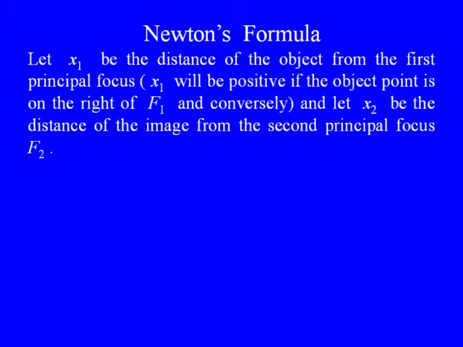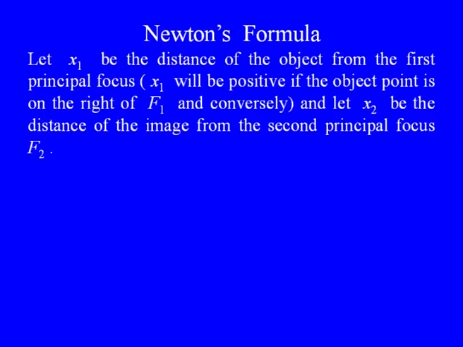Newton's formula. You see, this is another relation which is used to relate the object and image distances with the focal length of the lens. The difference here is the distances are not measured from the lens.